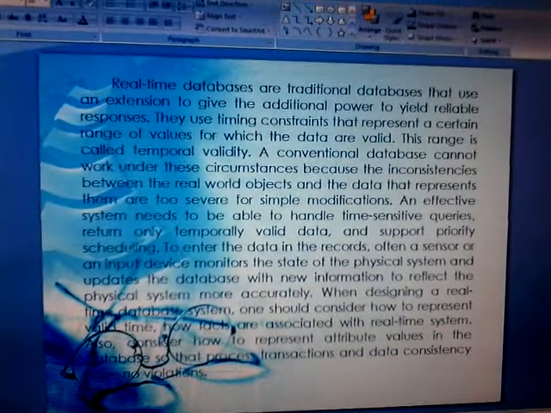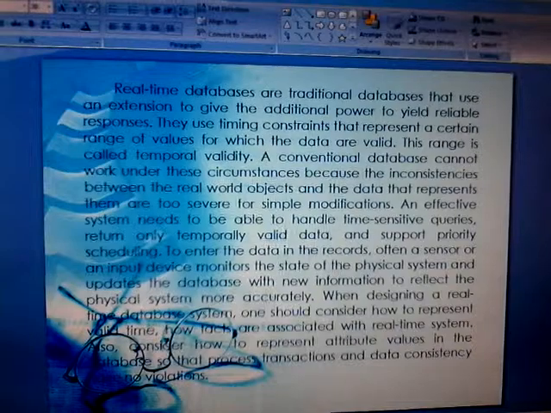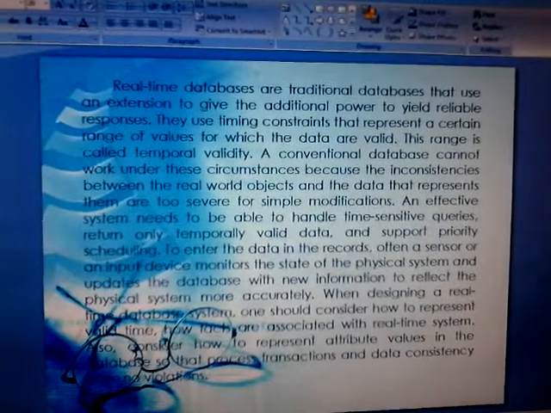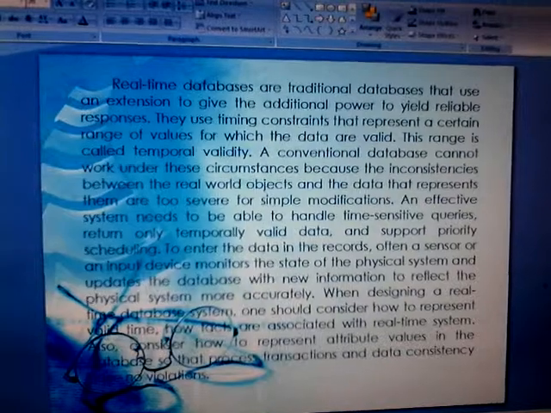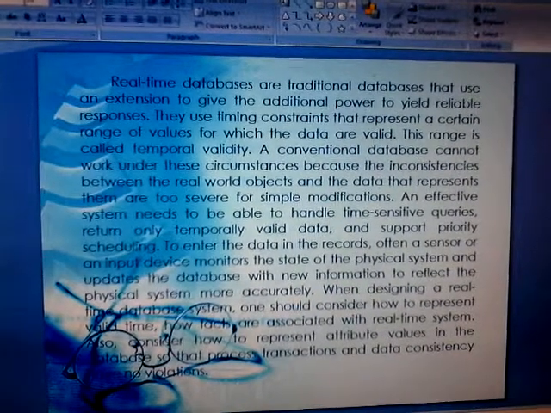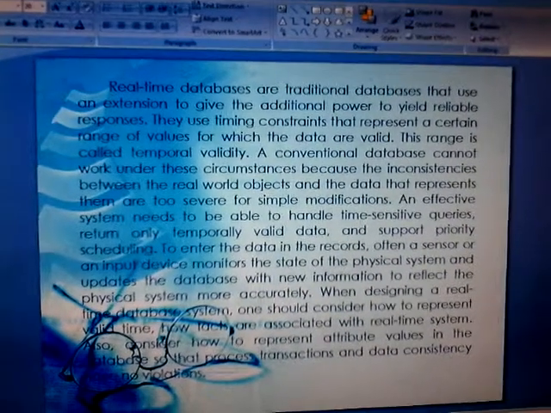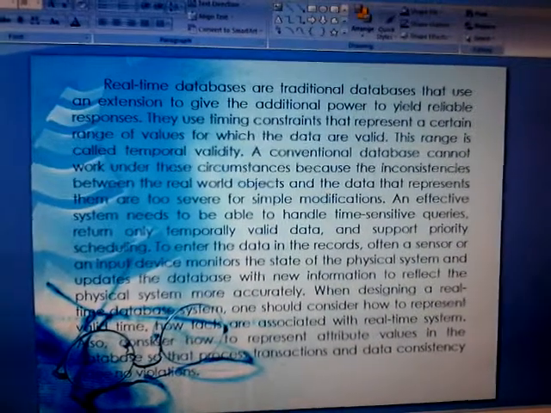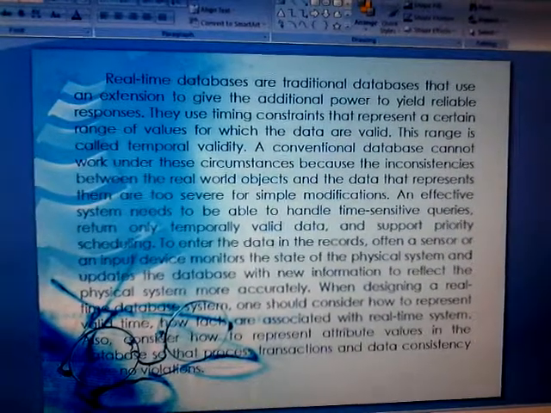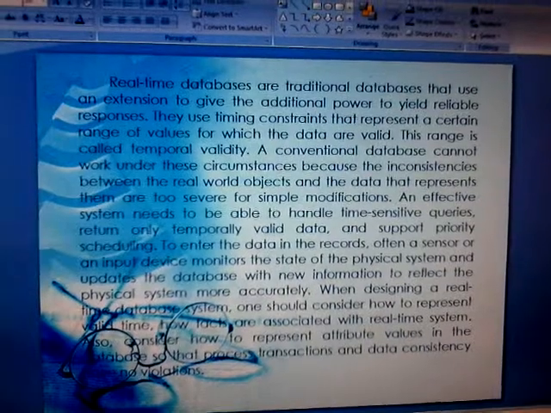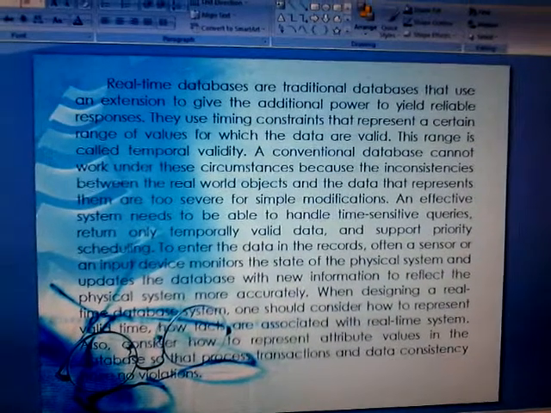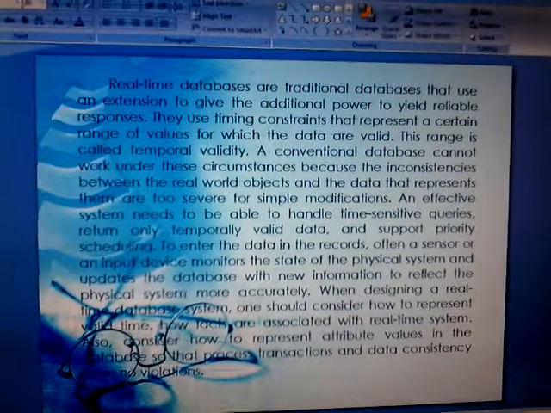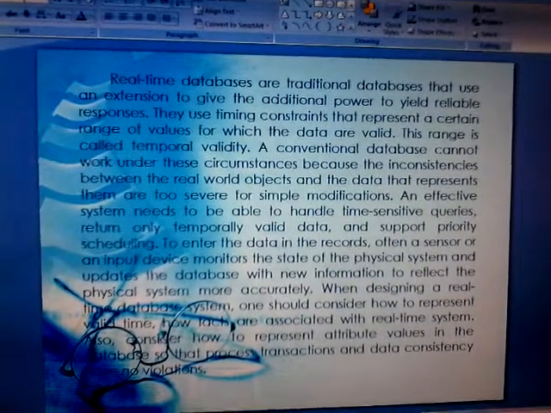A conventional database cannot work under these circumstances because the inconsistencies between the real world objects and the data that represents them are too severe. For simple modifications, an effective system needs to be able to handle time-sensitive queries, return only temporally valid data, and support priority scheduling.